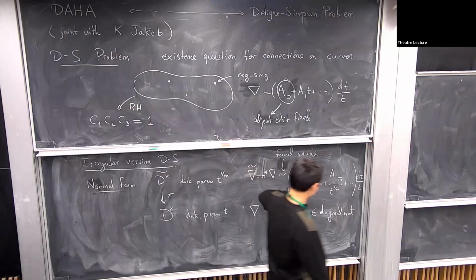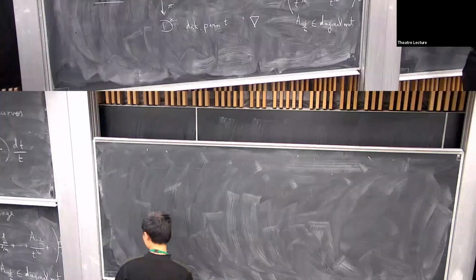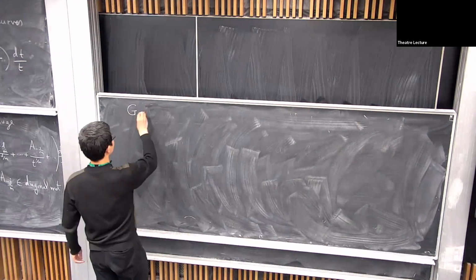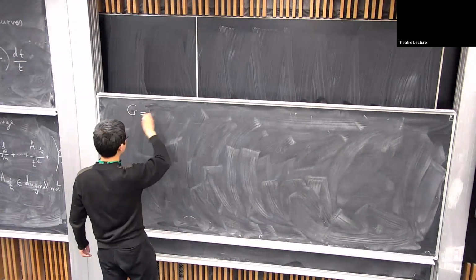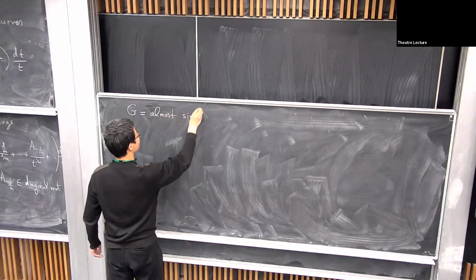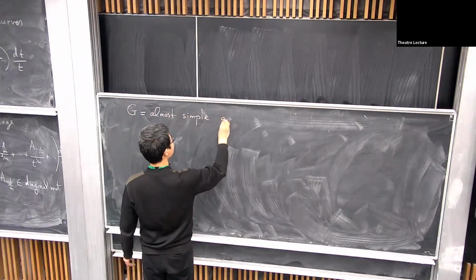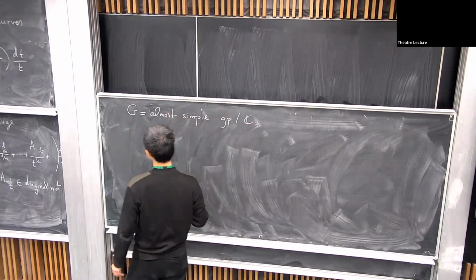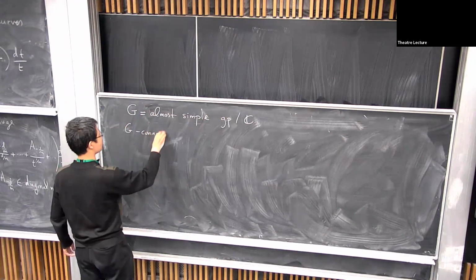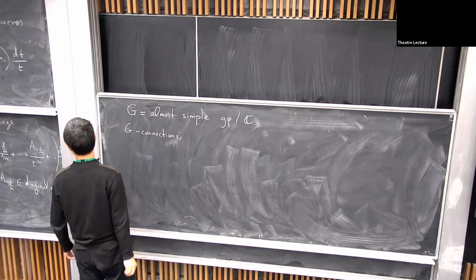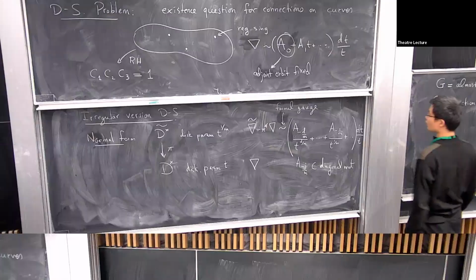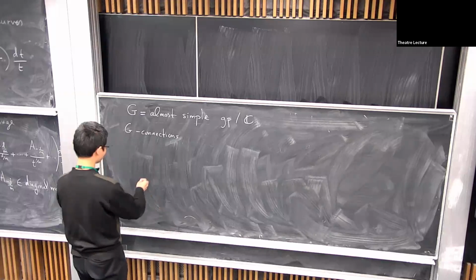So this has a version for any G. Let's now work with generality, G an algebraic group. So let's work with G-connections. And there's a version of this normal form theorem.